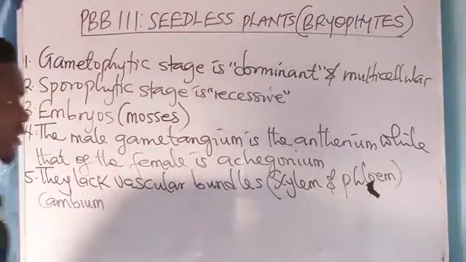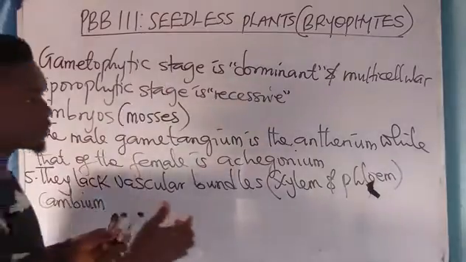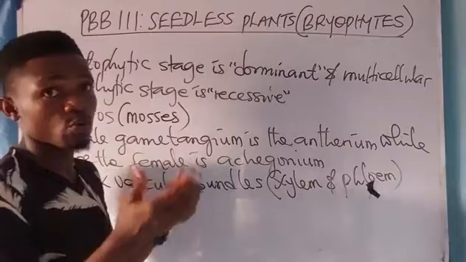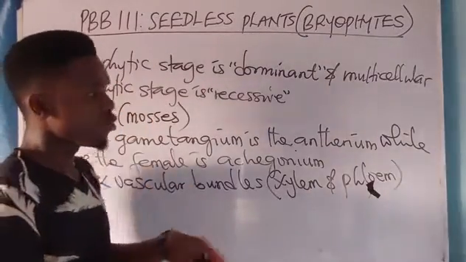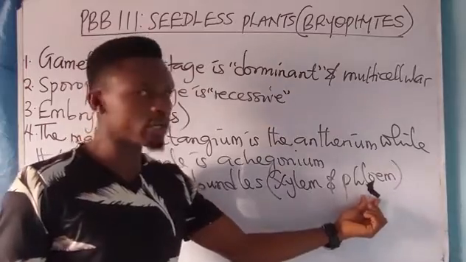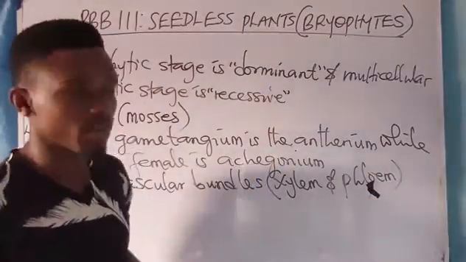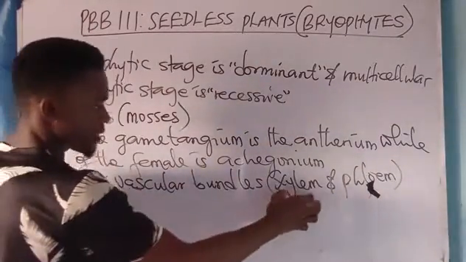Now, the primary function of the xylem is to carry water and mineral nutrients to the plant from the soil, while the phloem is to translocate or transport already manufactured food around the plant. Now that they do not have these, what now serves as vascular bundles?